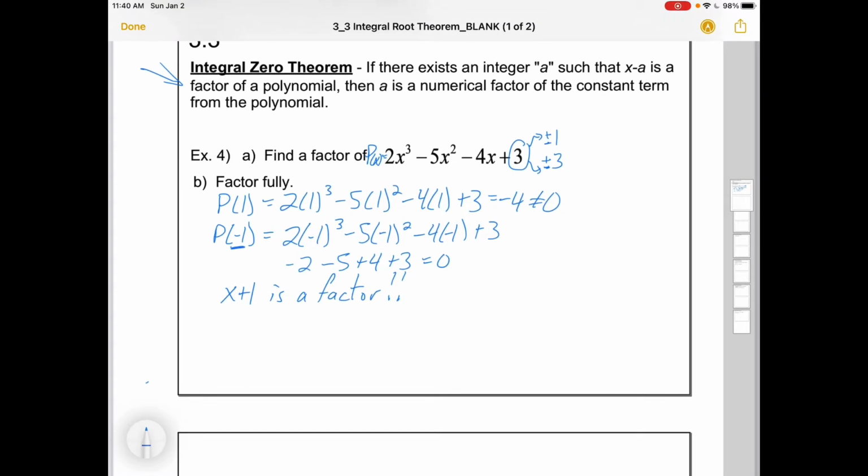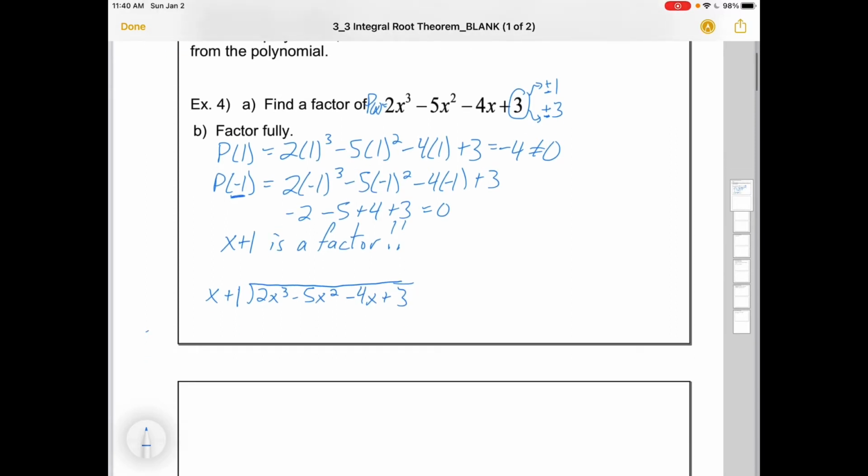Now, I can do this division, which is the next thing I'm going to do, either synthetically or by long division. I'm going to show it with long division, though I'd probably be inclined to do it with synthetic division. So 2x cubed minus 5x squared minus 4x plus 3. And so I'd go ahead and divide out. So 2x cubed divided by x is 2x squared. Multiply them back in, you get 2x cubed plus 2x squared.